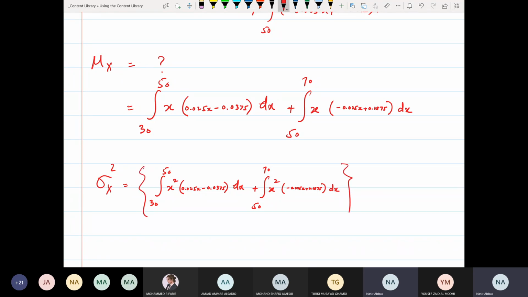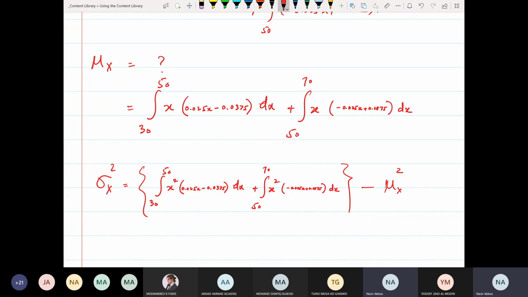This is expected value of x square minus mu square. That should be your variance when there is split domain. Now this is not the tough thing. It's okay to have mean and variance from the split domain.